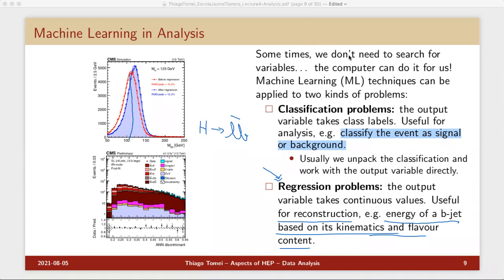See, it's not quite on 125, it's more or less 110. But if you use the correction after training the machine learning to learn and apply this correction, you have something that is closer to the real value, 120 something.